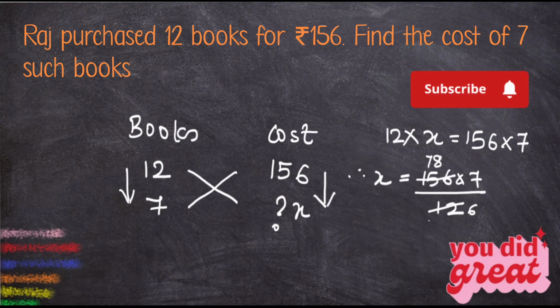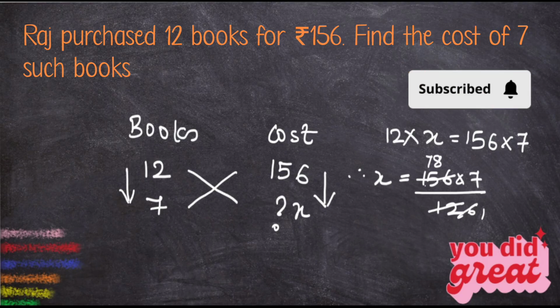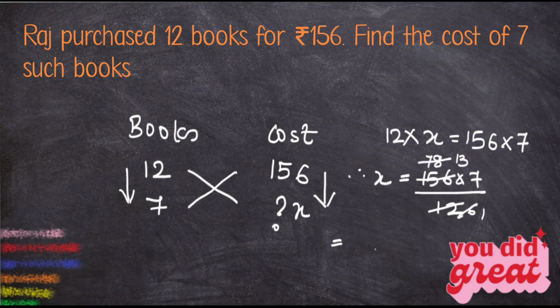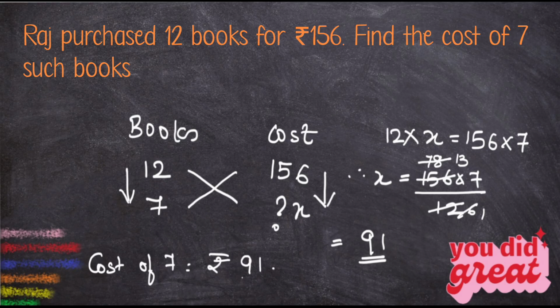So it is 78. This becomes 1, 6 ones are 6 and 6 13s are 78. So when you solve this, you get the answer as 91. So what will be the cost of 7 books? 7 books will be rupees 91. So this is how you solve the question with regards to direct proportion.